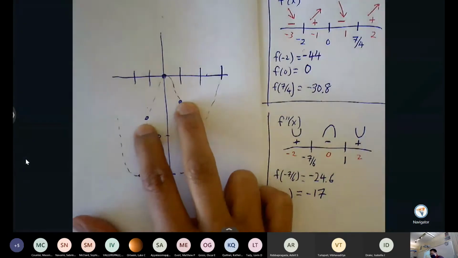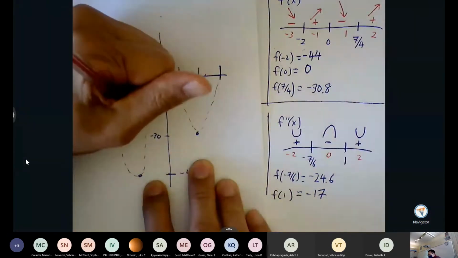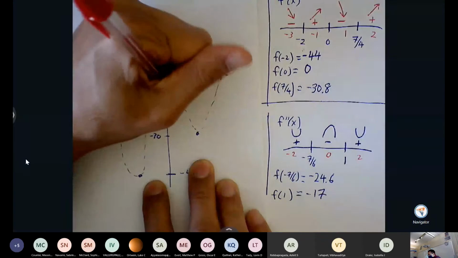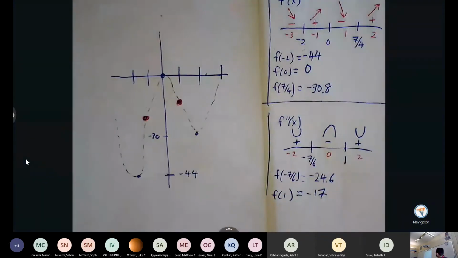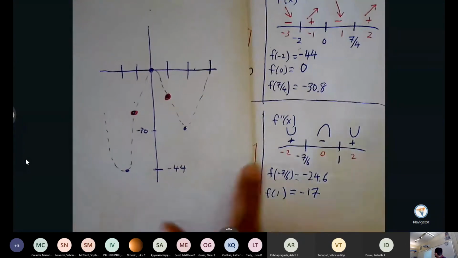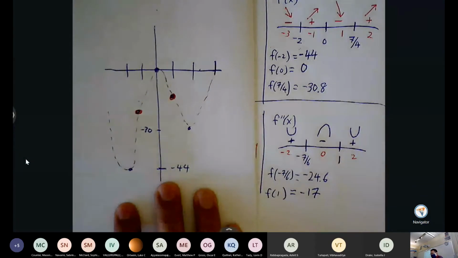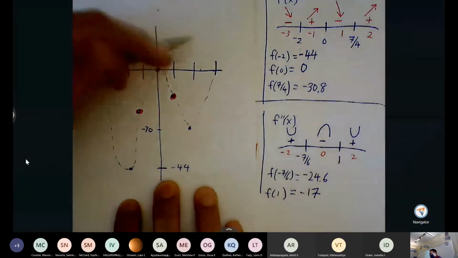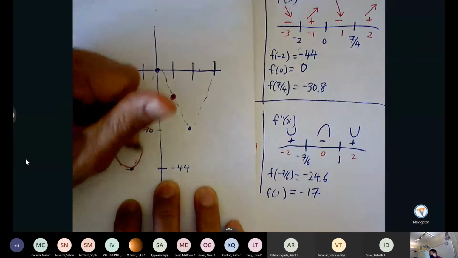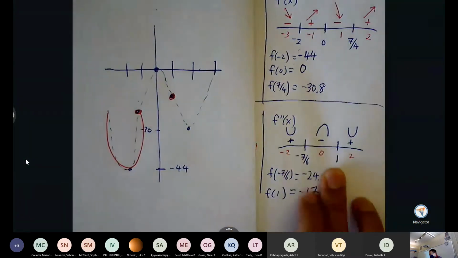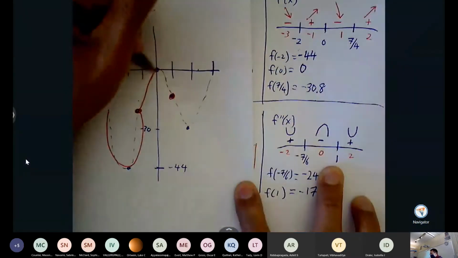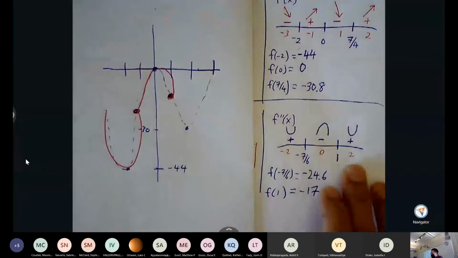Points of inflection, I'm going to highlight in red because this is going to be my transition points from one concavity to the next. So concave up, switches to concave down, and then back to concave up.